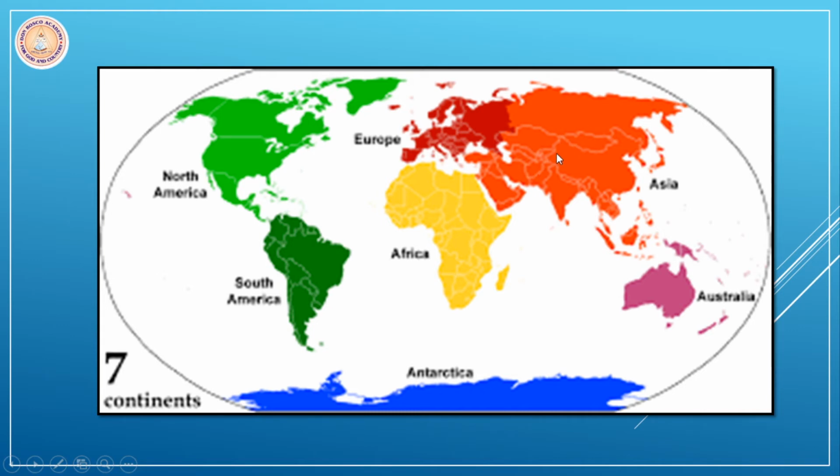For example, central part of Asia, central part of North America, central part of Africa, Australia, all these areas being far away from the seas and oceans, experience very high temperature during the summer and very low temperature during the winters.